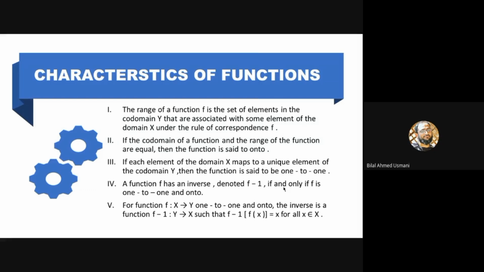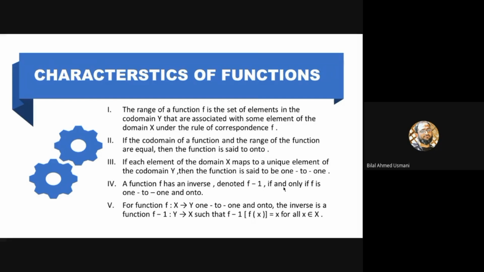I say it is 10 times x, so the rule would be y equal to 10x. So if I have five numbers 1, 2, 3, 4, 5 in x, I would have five corresponding numbers 10, 20, 30, 40, 50 in set y. So the rule of correspondence is: take any element of the x set, multiply it by 10, and you will get the corresponding element in the y set.